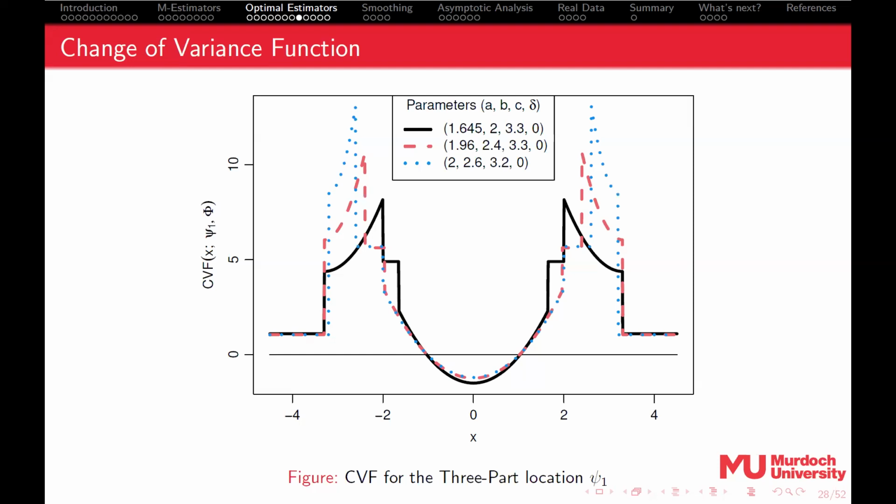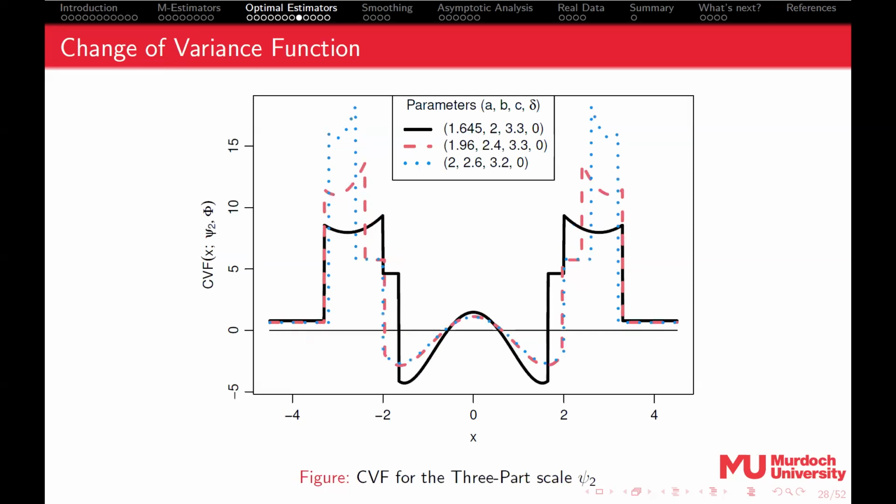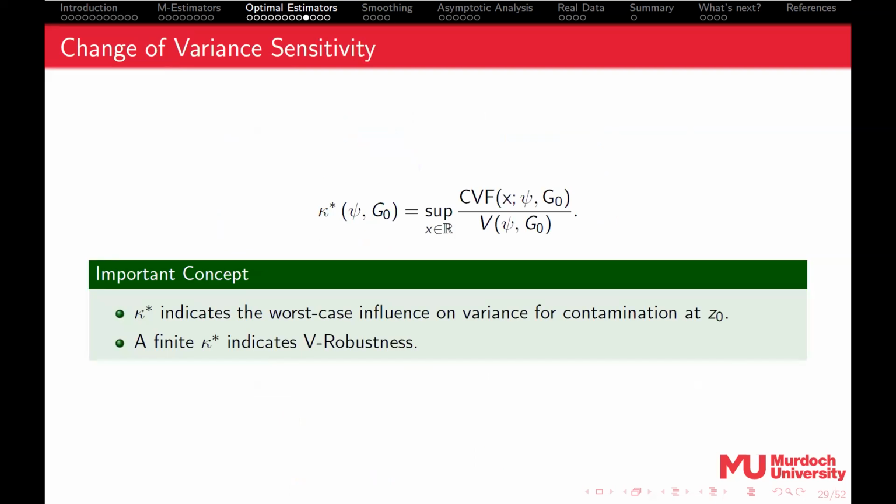This gives an important measure, called the change of variance sensitivity, which is the worst case influence we have for the variance of our estimator.